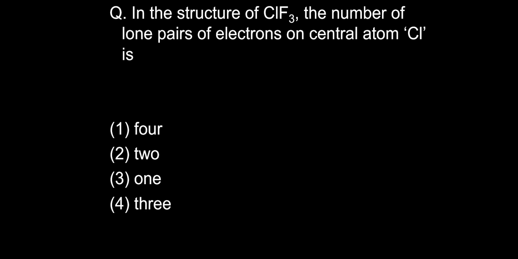In a very similar way, you need to know VSEPR theory, which is very, very important. If you know VSEPR theory, many of the problems you can easily do, and questions based on structure, lone pairs or bond pairs become very easy to tackle.